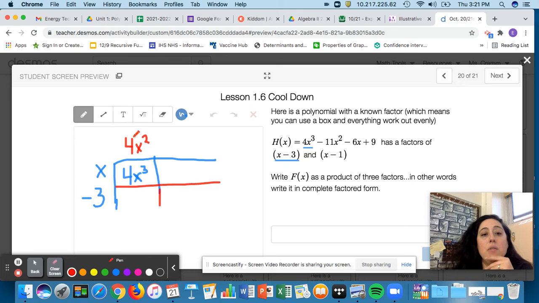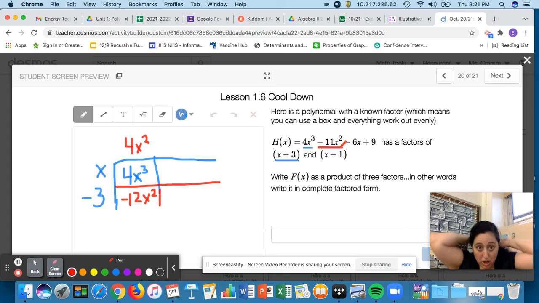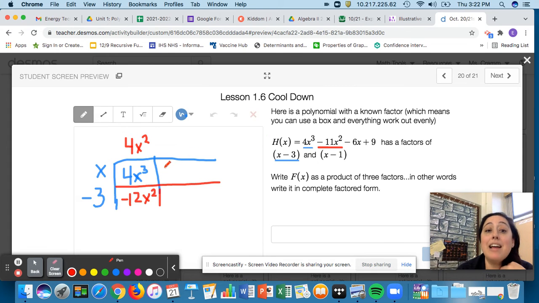All right, now I do 4x squared times negative 3. That would give me negative 12x squared. I look over here, and I need negative 11x squared. So I have negative 12x squared, and I just need to add 1x squared to bring it to negative 11x squared.